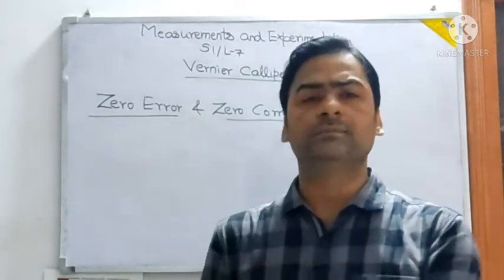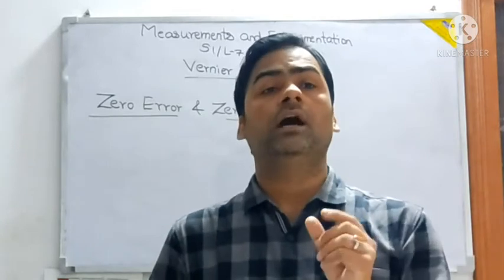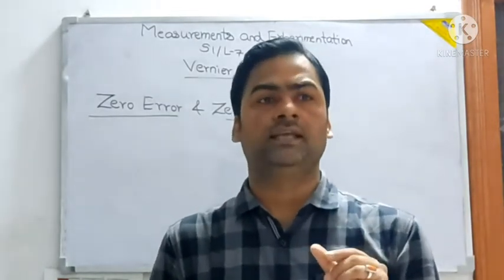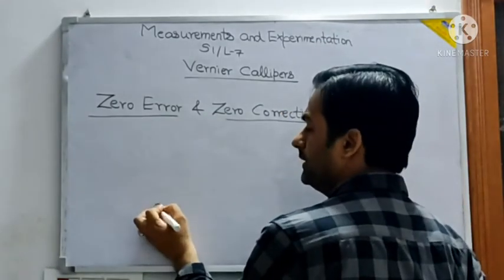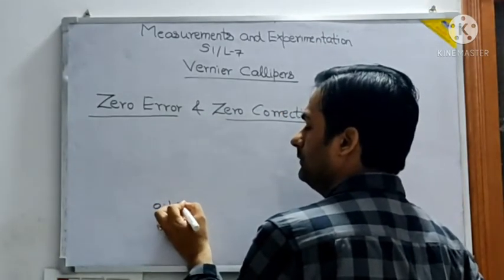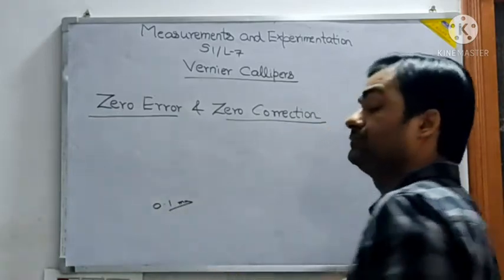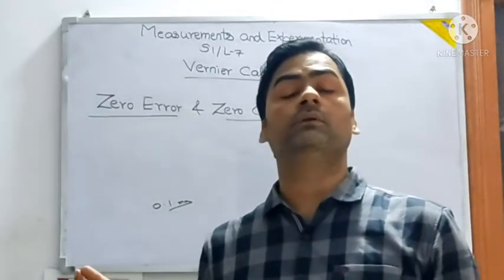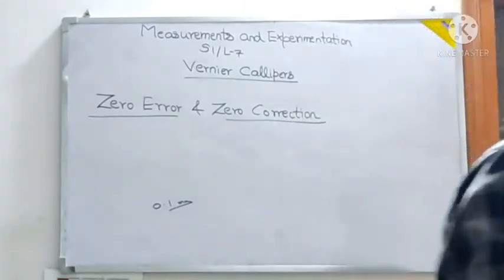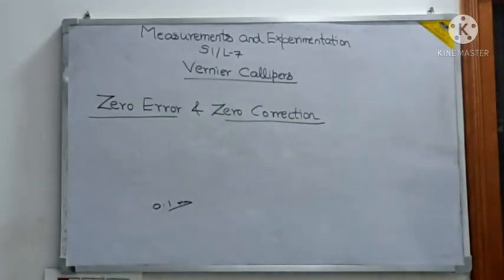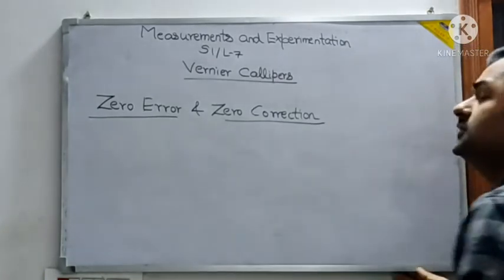As much more as it is measuring, first we say how much extra it is. Suppose an error x is 0.1 millimeter, then that extra 0.1 millimeter we will subtract from the measured value. Yes or no? That is the basic criterion. So that is the meaning of zero correction.